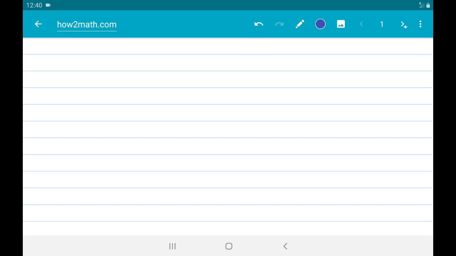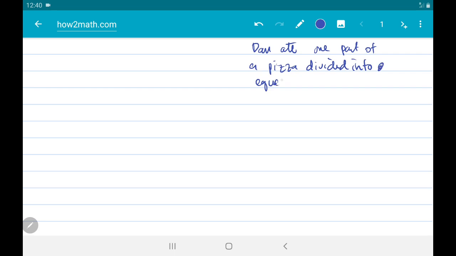In that situation, Dan ate one part of a pizza divided into 8 equal parts.